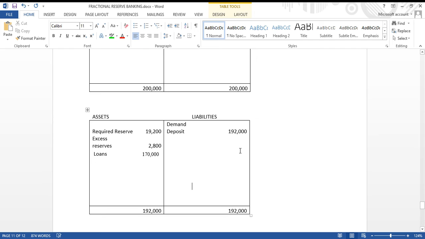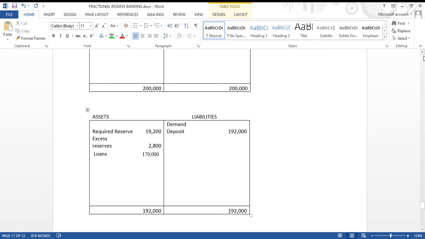Right? Any questions? That's the effect of the withdrawal. Another way you can look at it is you would see that 19,200 is 10% of 192,000. So they've balanced.